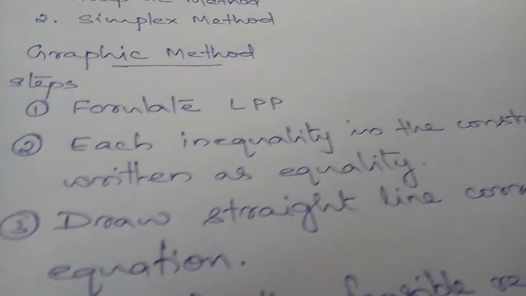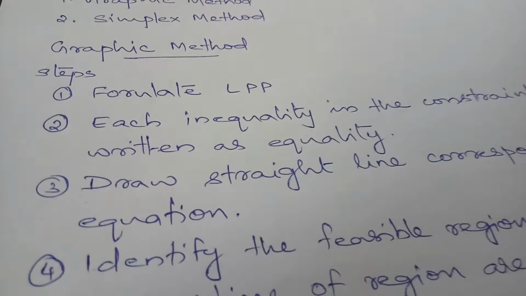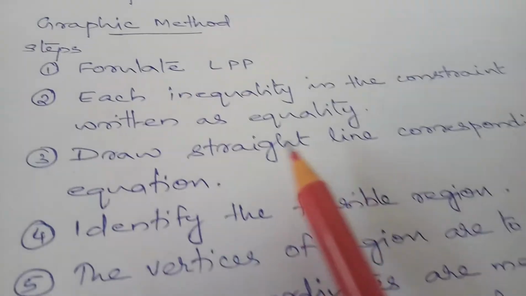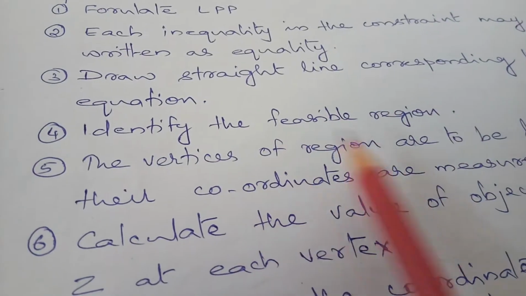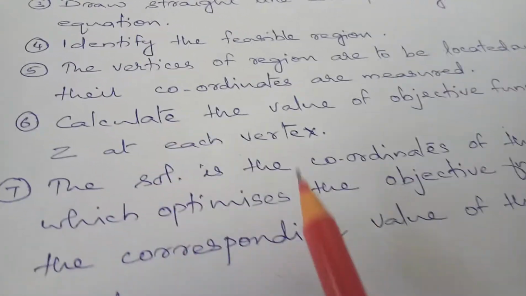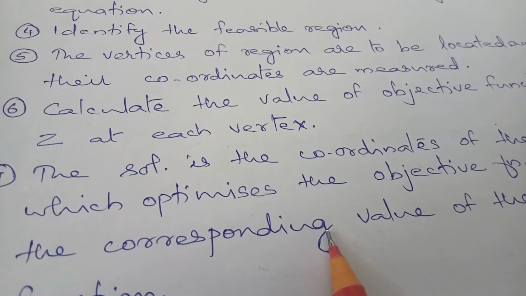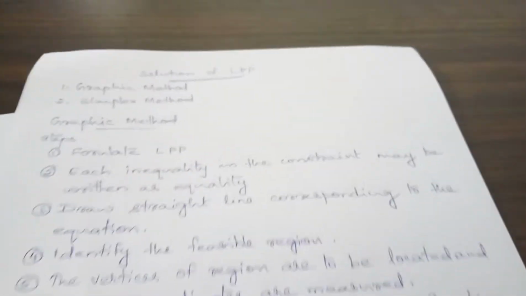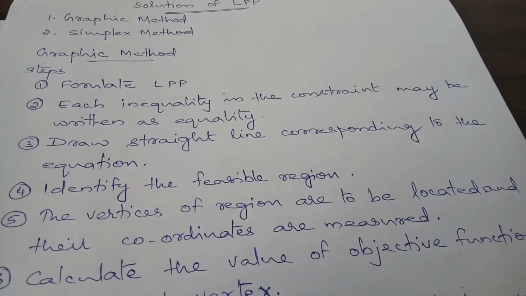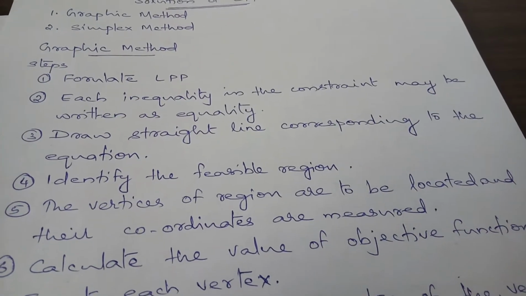For that, first generate the LPP and then each inequality in the constraint should be converted into equality. Then draw the straight line, find the feasible region, find the vertices, calculate the value of Z and at last find the solution. So formulate the LPP. Each inequality in the constraint may be written as equality.